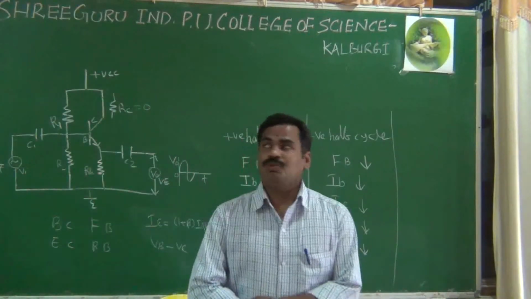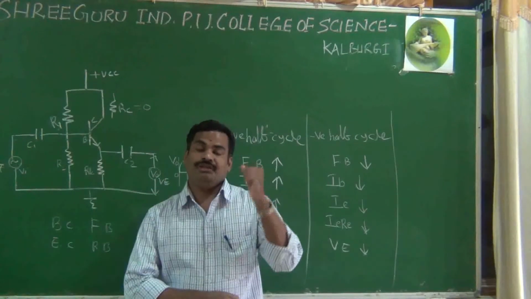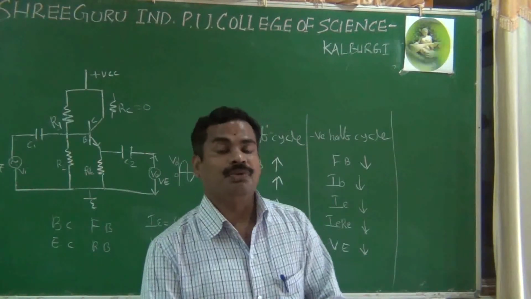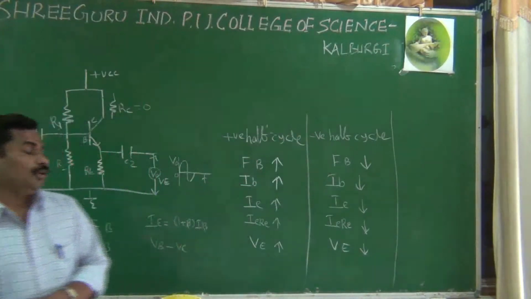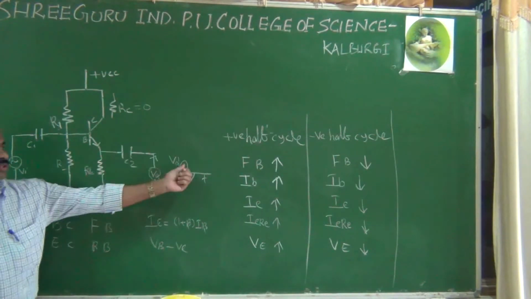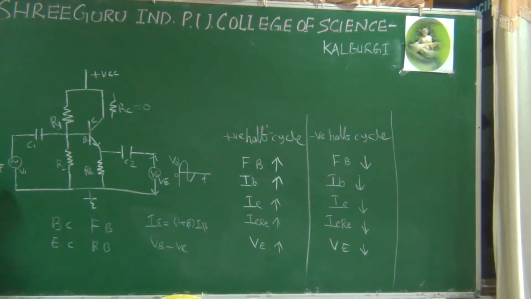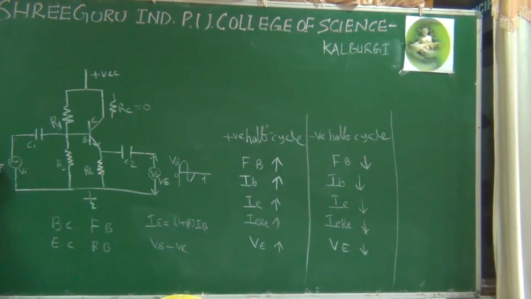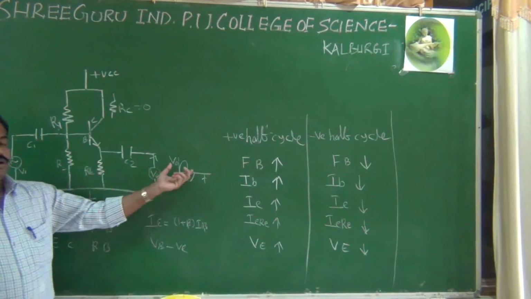Because if you apply the positive going cycle, or if your input increases, the output also increases. If the input decreases, the output also decreases. The positive going cycle will give the positive going output.